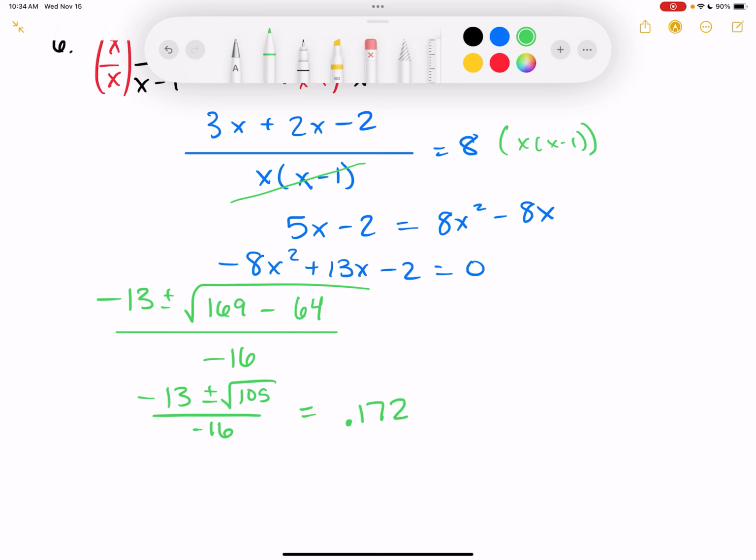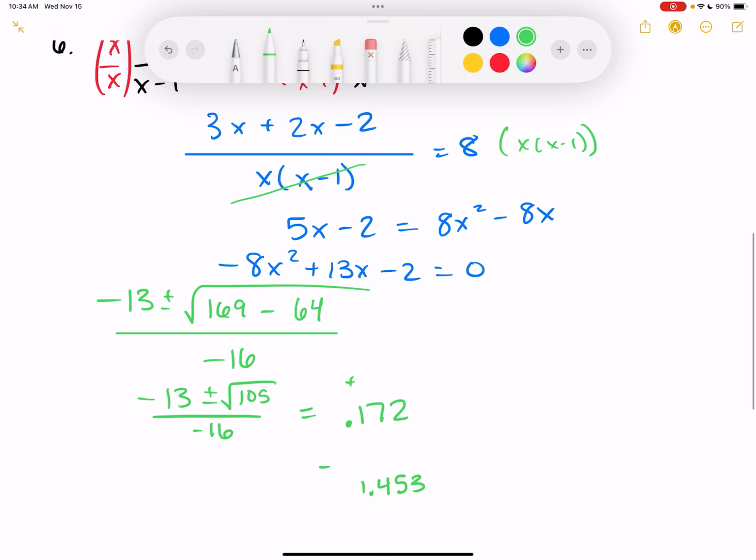That's for the positive one. For the negative one, .453. Gotta love it.